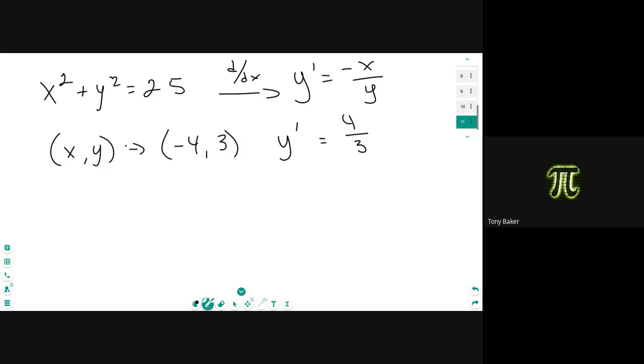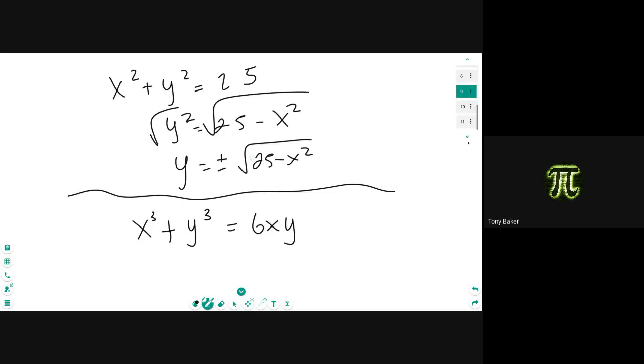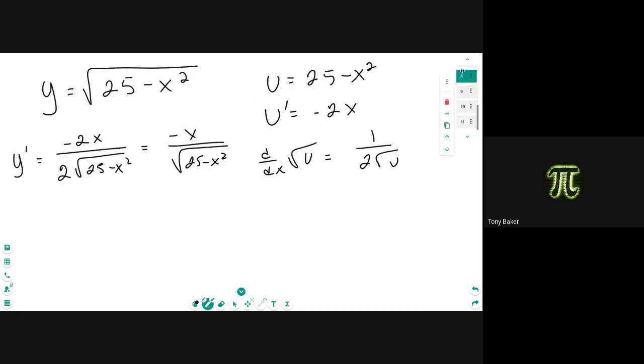Okay, let's see. We did this before, correct? And we said the derivative of that would be that right there, correct? That's when we did it the original way. Let's plug the -4 into that and see what we get.